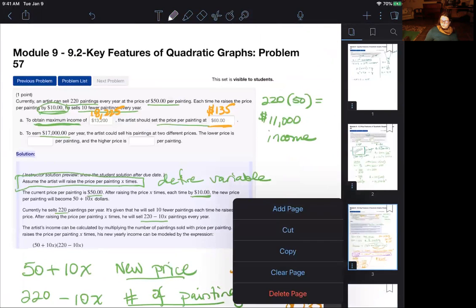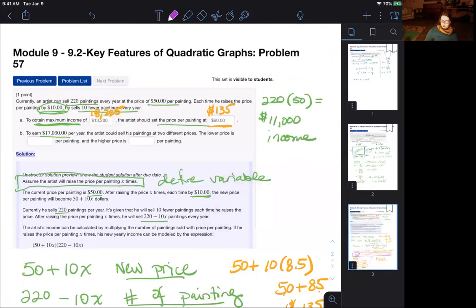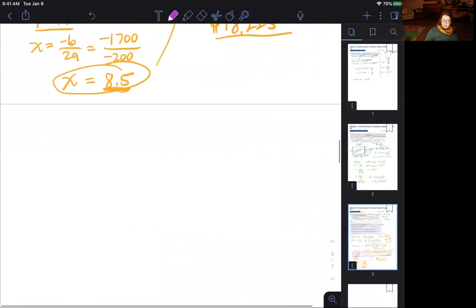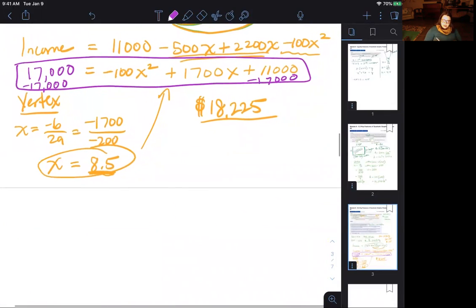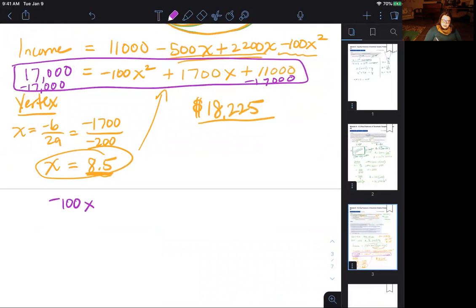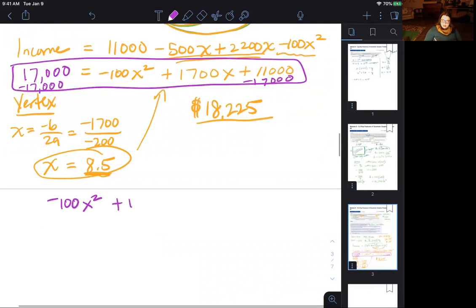So if we take our formula, negative 100x squared plus 1700x plus 11,000 is equal to 17,000, because that's, remember, the income.